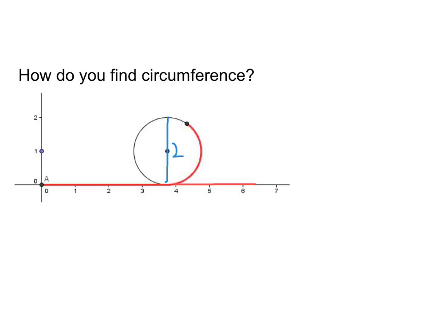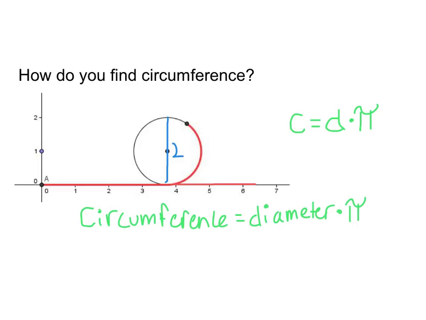And that's because the circumference of a circle is always equal to the diameter times pi. And since the diameter of this circle is 2 and pi is a little bit more than 3, then the circumference would be a little bit more than 6, because 2 times 3 will give you 6.